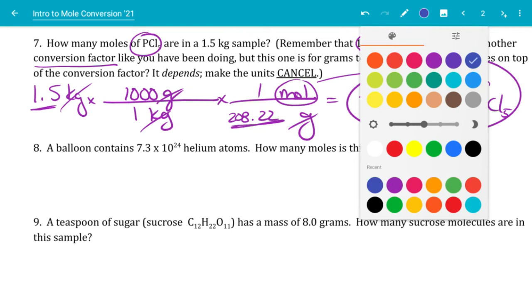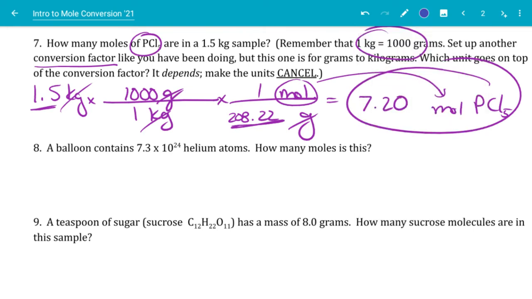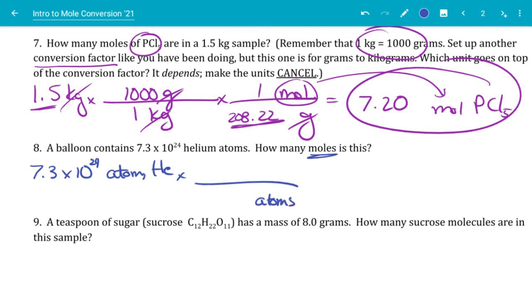All right, moving on. A balloon contains 7.3 times 10 to the 24th helium atoms. So 7.3 times 10 to the 24th atoms of helium. So now the question is how many moles is that? Just a one-step problem, folks. So I'm going to put atoms at the bottom and 1 mole on the top.